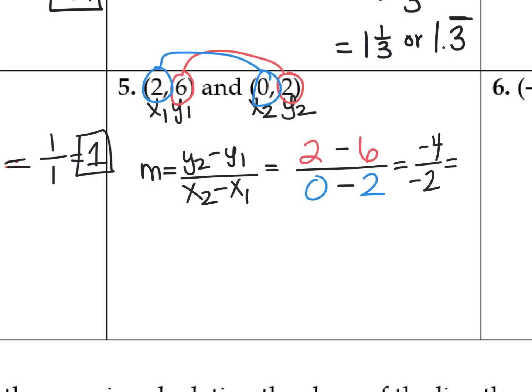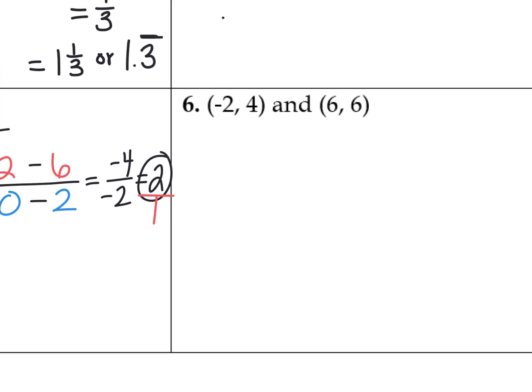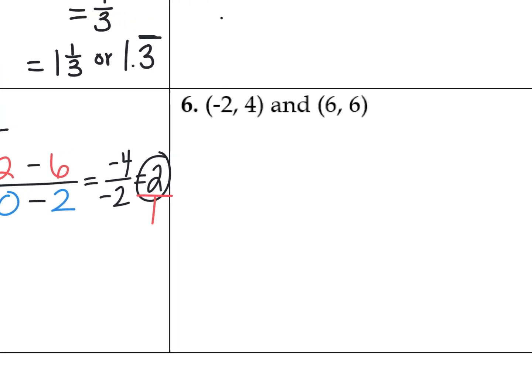If we divide this, negative 4 divided by negative 2 is a positive 2 for our slope. So I'm going up 2, and any number is over 1, so I'm going up 2 over 1 for that slope. You can just leave it at 2 though.